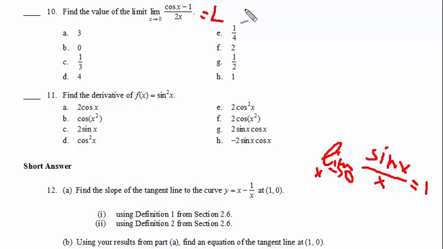That will give us cosine square x minus 1 over 2x times cosine x plus 1. Okay?